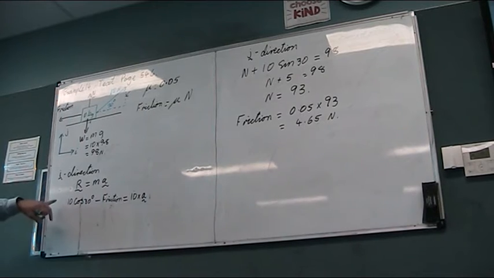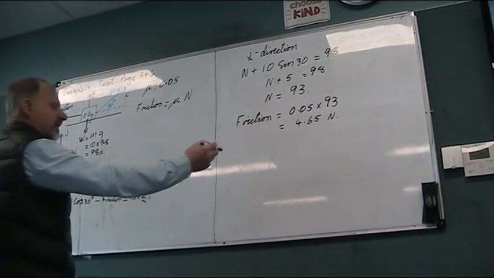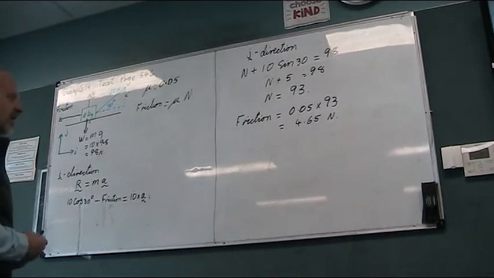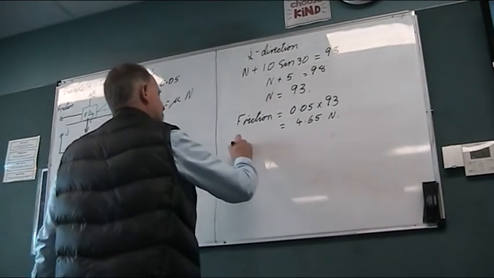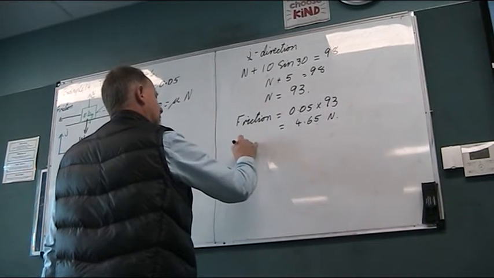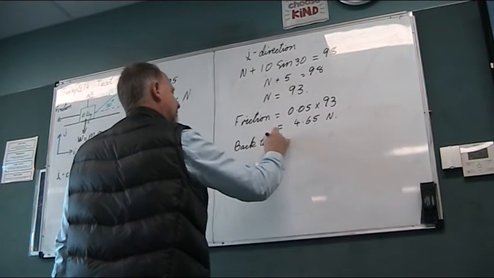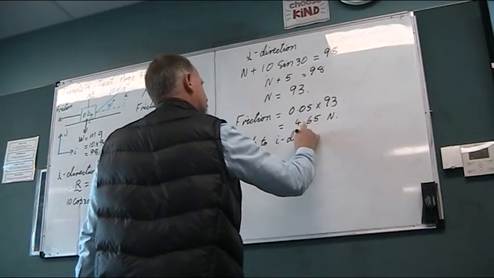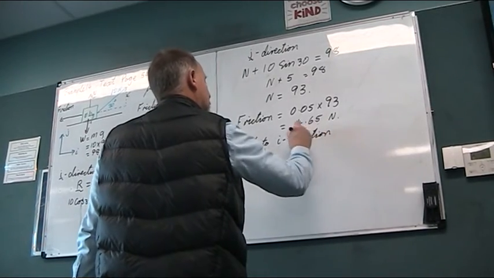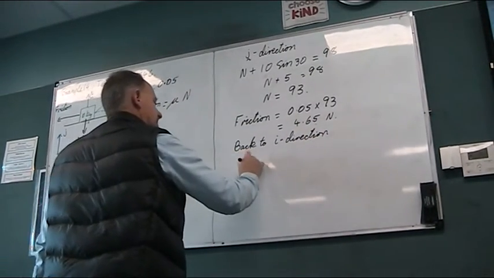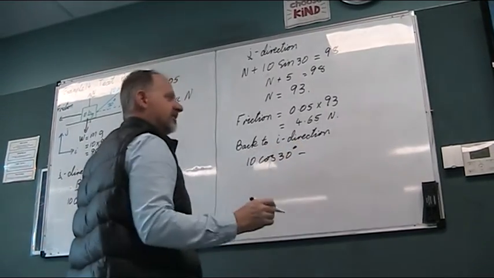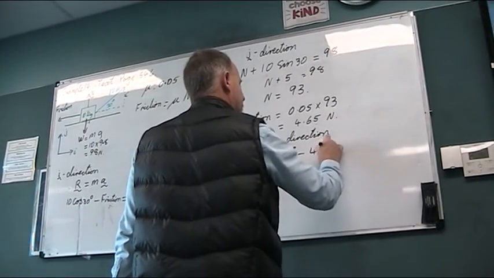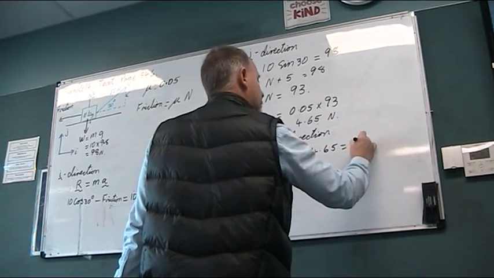Alright, so now we'll come back to our I direction, and now we can put that back in our I direction. So, back to the I direction. And so then 10 cos 30 minus the friction, which is 4.65, equals 10A.